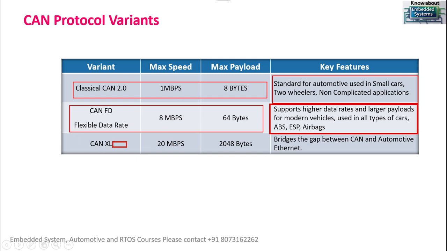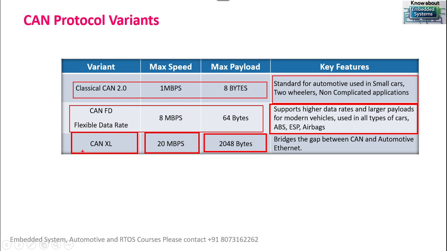The last one is CAN XL. This is called CAN extra large. And what is the advantage? You can see speed up to 20 Mbps, and data transmission of 2048 bytes in a single transmission.